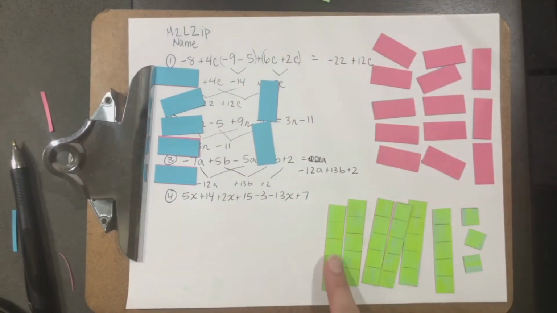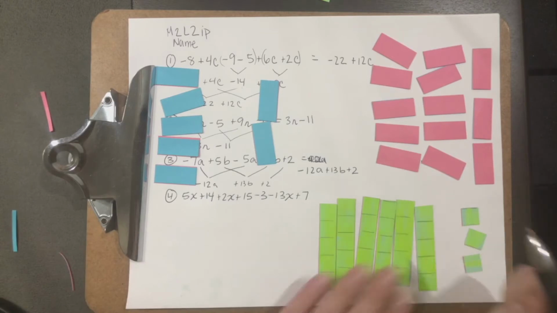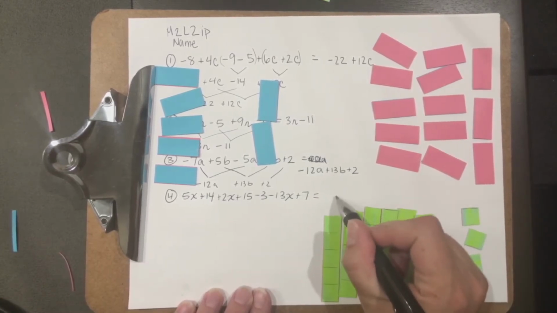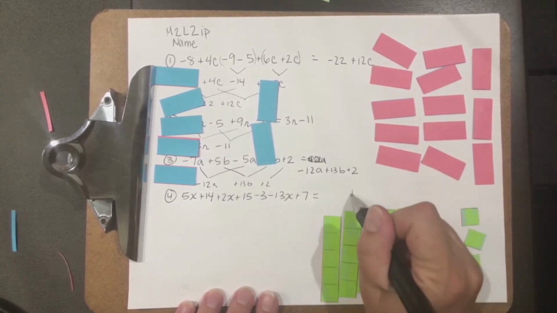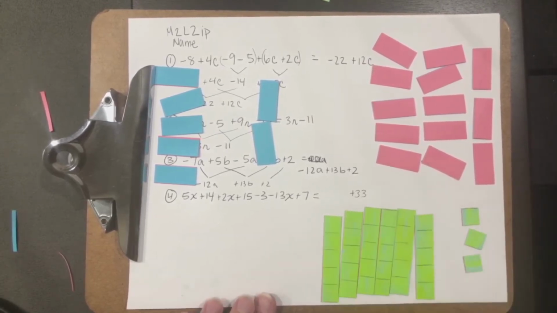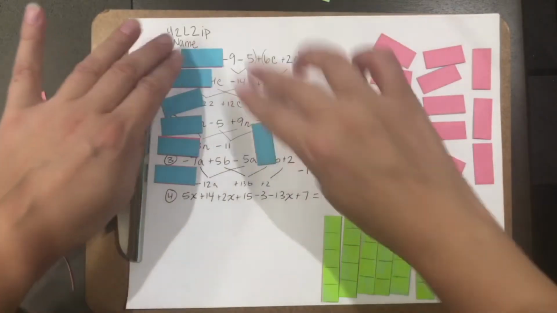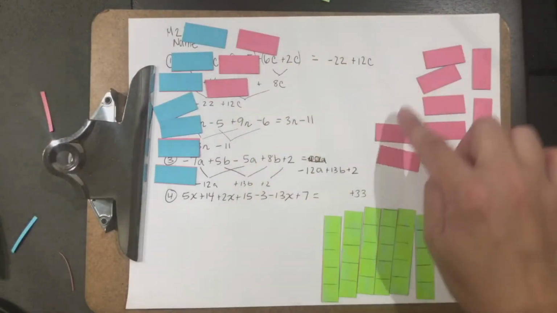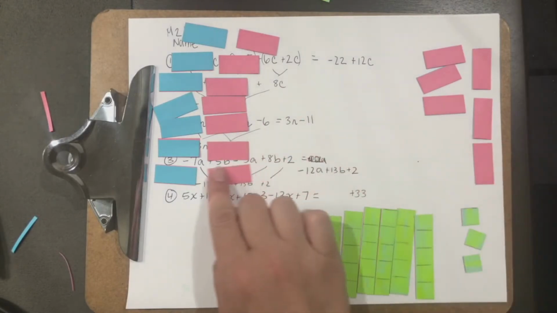So how many ones do I have? 5, 10, 15, 20, 25, 30, 33. So I could say at the end of the expression, if this equals some amount of x's plus 33 ones, so plus 33. All right, let's cancel out some of these x's. We're gonna make 0 pairs to cancel them out.